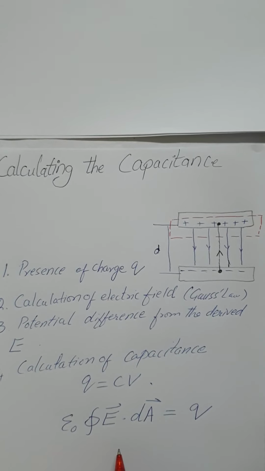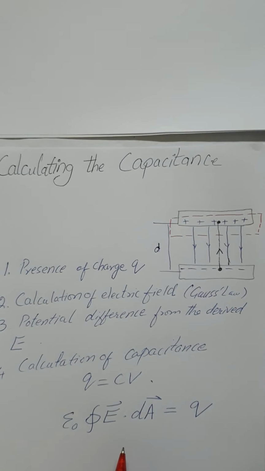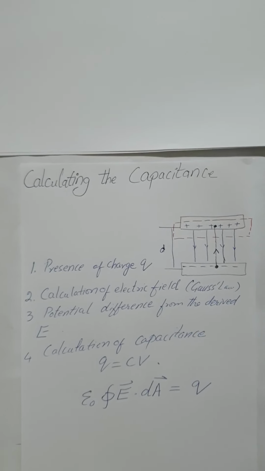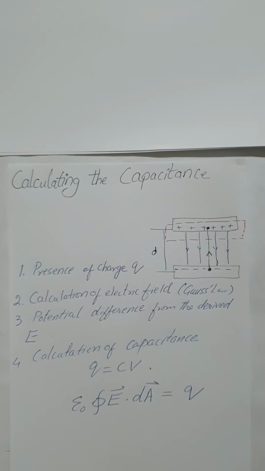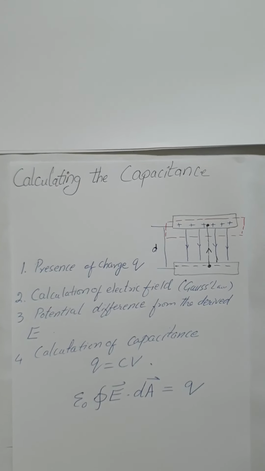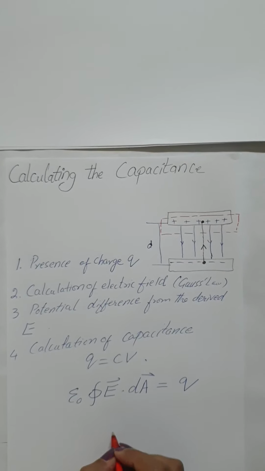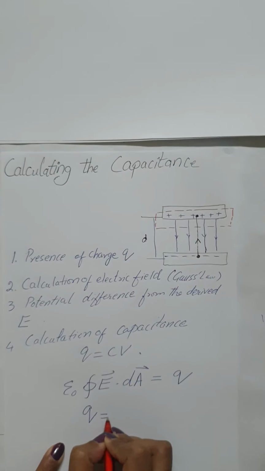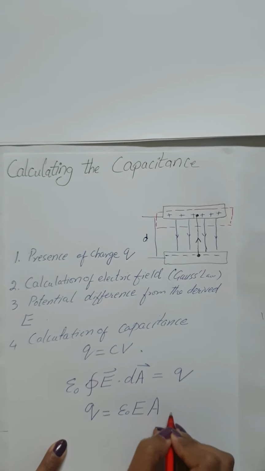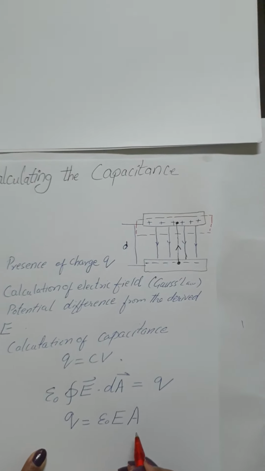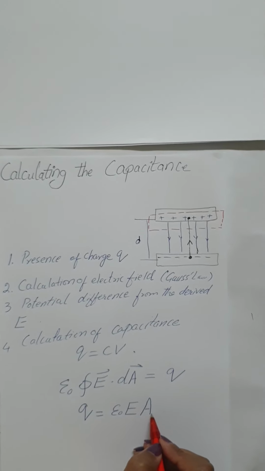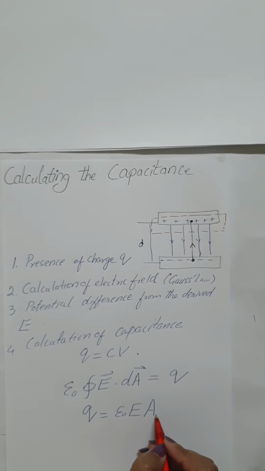In all cases, the Gaussian surface will be such that whenever there is electric flux through it, E will have a uniform magnitude E, and the vectors E and dA are parallel. So this equation reduces to Q equals epsilon naught E A, in which A is the area of that part of the Gaussian surface through which there is a flux. We already studied this in previous chapters.